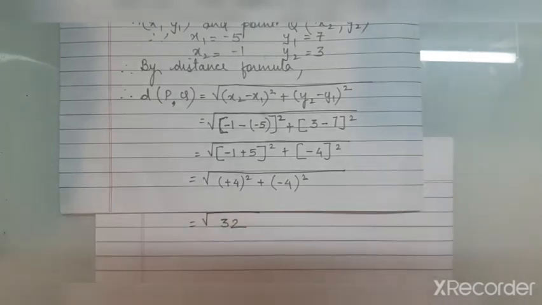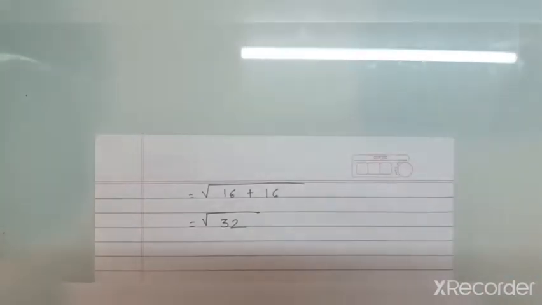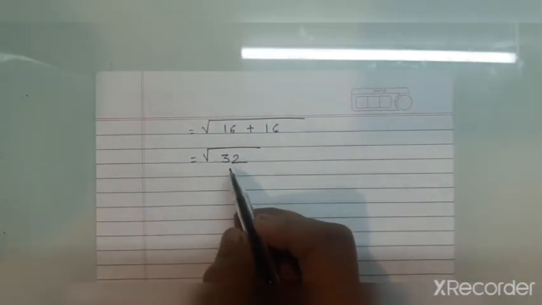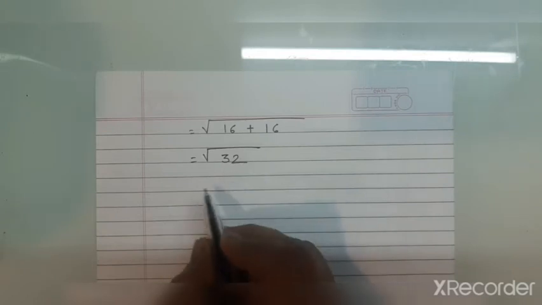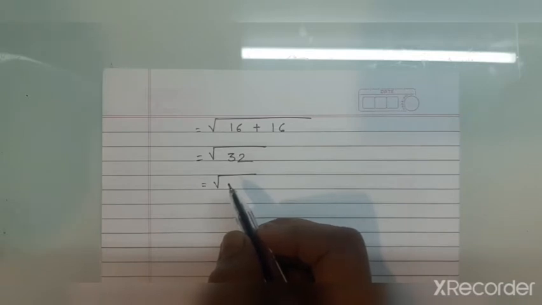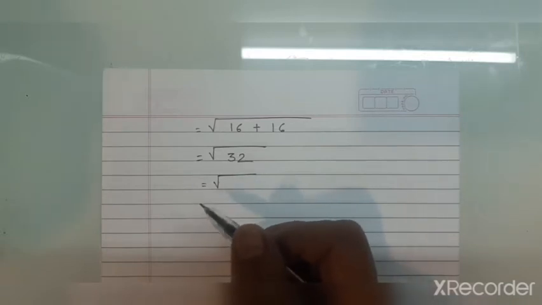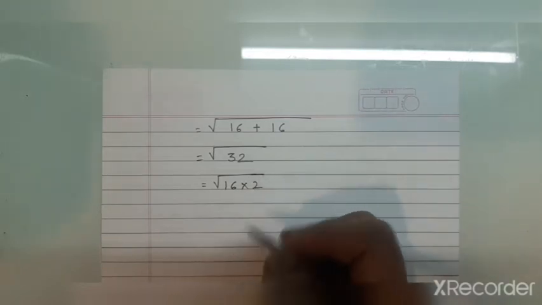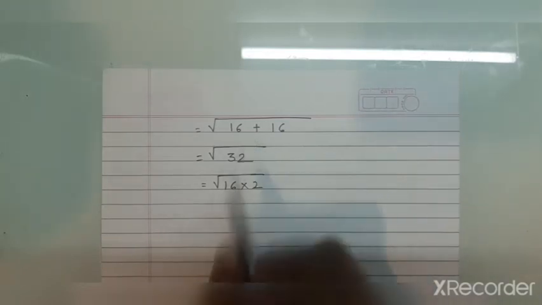As I told you that we need to split inside the square root, whether we are getting a multiple of any square. So can we split 32 in the multiple where we are getting a square? Yes, 16 twos are. 16 is the square of 4. So 16 multiplied by 2, we are getting 32.